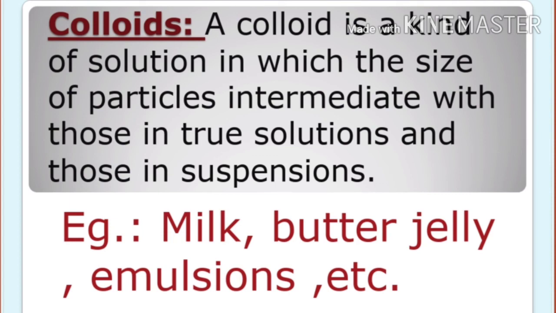Now, what do you mean by this? Colloids basically इट इज अ काइंड ऑफ सॉल्यूशन ओनली, और इसमें जो सॉल्यूट पार्टिकल्स होते हैं उनका साइज वैरी करता है बिटवीन ट्रू सॉल्यूशन एंड सस्पेंशन के पार्टिकल्स के बीच में. दैट मीन्स ट्रू सॉल्यूशन के जो सॉल्यूट पार्टिकल्स हैं उनका साइज होता है लेस देन 1 नैनोमीटर एंड सस्पेंशन के सॉल्यूट पार्टिकल्स का साइज होता है 100 नैनोमीटर. दैट मीन्स कोलॉइड के सॉल्यूट पार्टिकल्स का साइज क्या होगा?